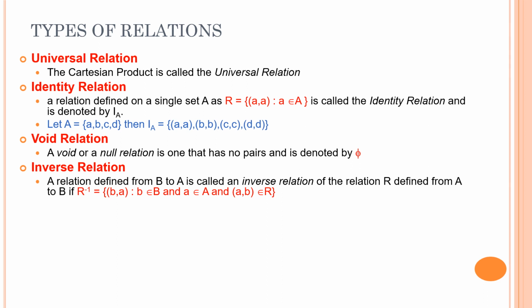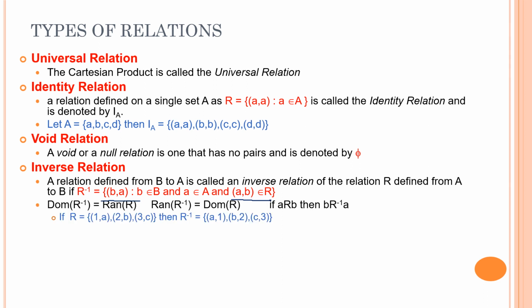So, a relation defined from B to A is called an inverse relation of the relation R defined from A to B. That means if R has the pairs (a, b), then R inverse will have the pairs (b, a). Pairs will be the same, just the position of the first and the second element will be reversed.